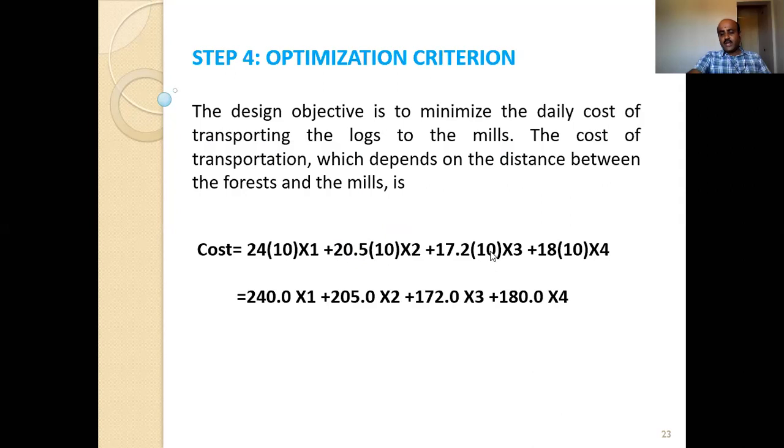In a similar way, 17.2 into 10 into x3 is for the second mill, that is mill B. 17.2 is the distance from forest 1 to mill B, and x3 is the number of logs shipped from forest 1 to mill B. Similarly, 18 into 10 into x4. 18 is the distance from forest 2 to mill B, and x4 is the number of logs shipped from forest number 2 to mill B. So this is what we call the total cost function.